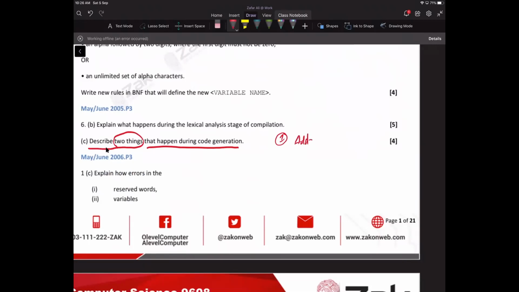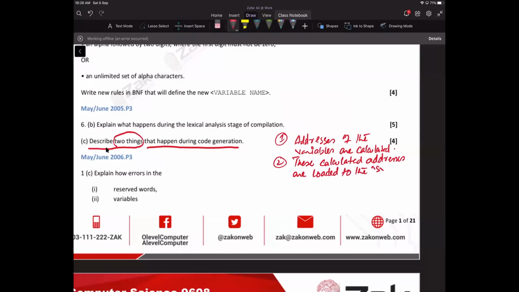So the addresses of the variables which require to be loaded in the memory are calculated so that they could be loaded over here. And these calculated addresses are then loaded to the symbol table.